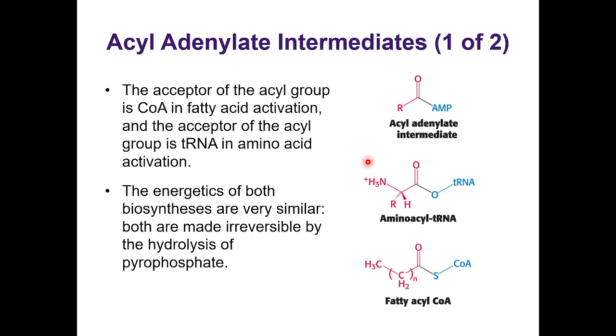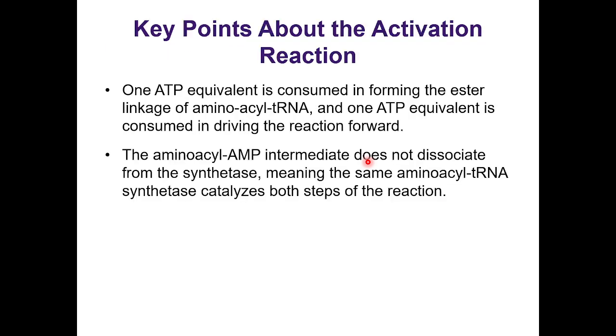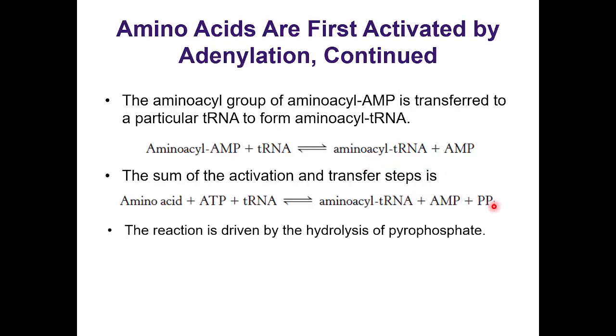Set it up with a phosphate, have this catalyst, usually the same enzyme, that then is going to assemble it into the correct layout, and then use that to link onto something, build something. Okay? So the energetics are very similar between the two. Both are made irreversible through hydrolysis of the pyrophosphate, the PPi, right up here, later on.